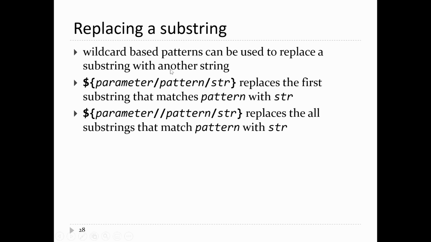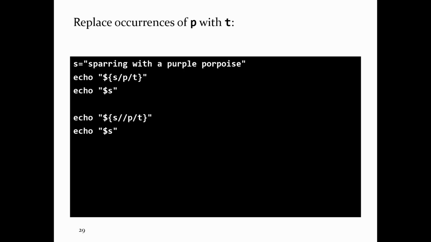It's variable name / pattern / string. So string gets substituted in for the first occurrence of pattern, only the first occurrence. If you want to replace all occurrences, then it's // in front, but not in the back. So //pattern/string replaces all substrings that match the pattern with string. This is how you do substring replacement.